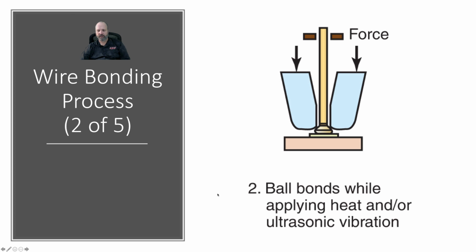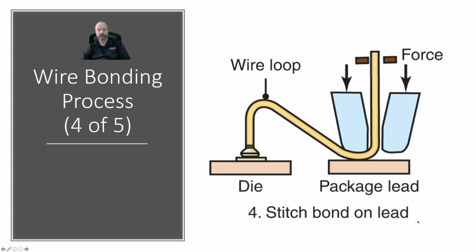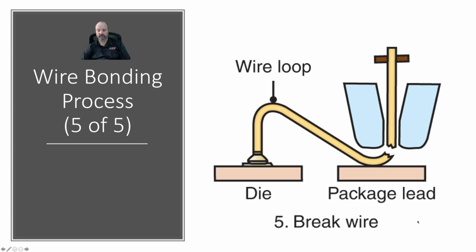So we apply some heat. We can also apply ultrasonic vibration to basically melt the wire and push it onto the bond pad so it sticks. Okay? And then we go ahead and move the head over to the package lead, and we just push down on that with some force, and then we break the wire off and we've got a connection.